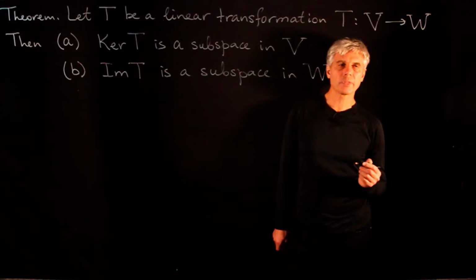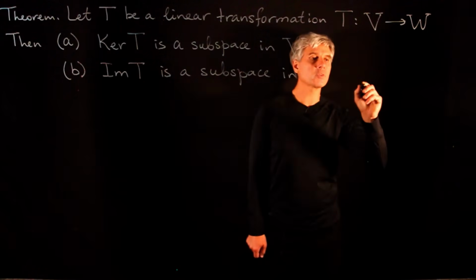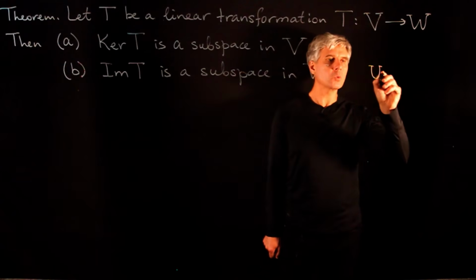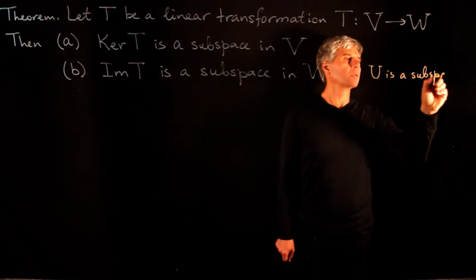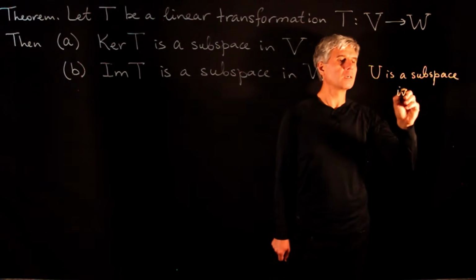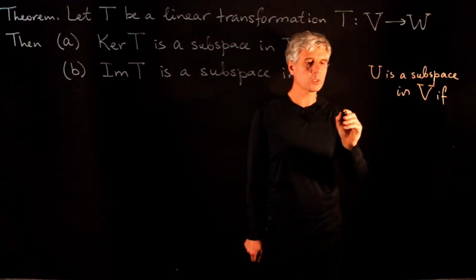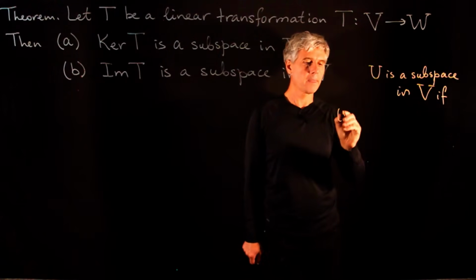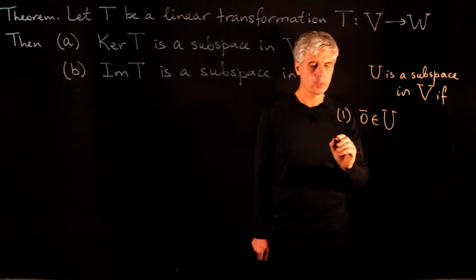Before we give the proof of this theorem, let us recall the definition of a subspace. So U is a subspace in V if three properties hold. 1. The 0 vector belongs to U. 2.